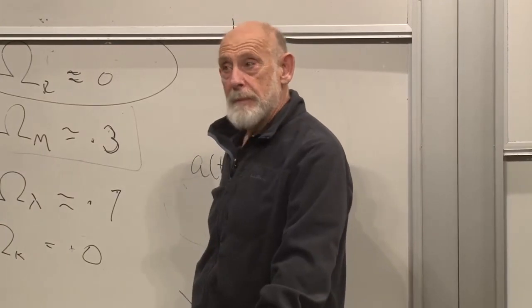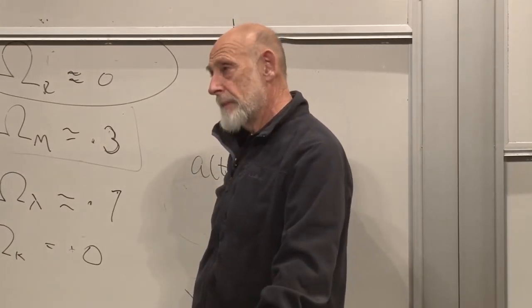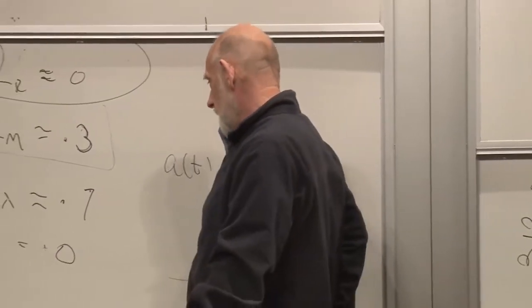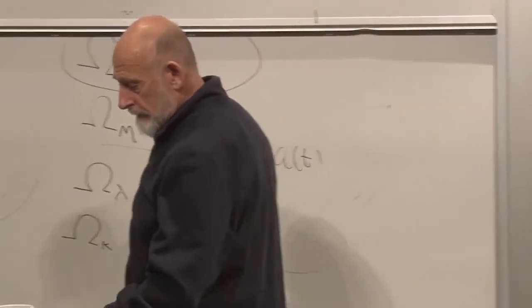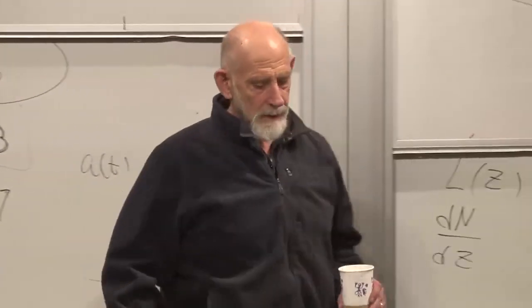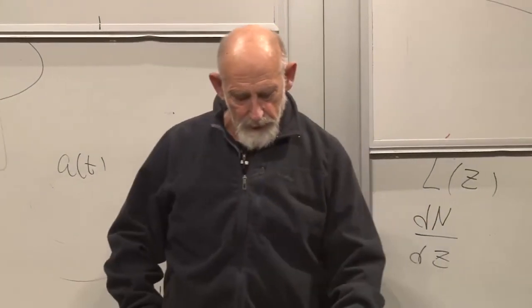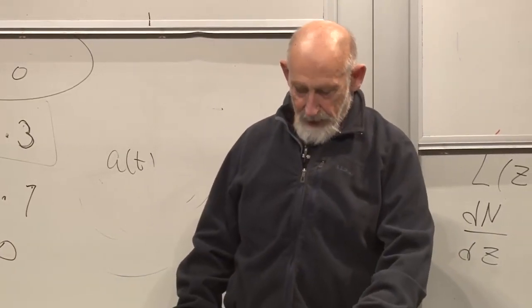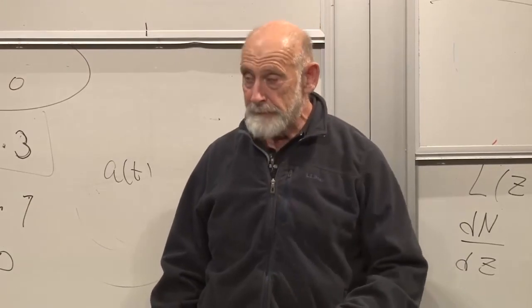Independent of this, have they been trying to do experiments where they determine whether K is positive, negative, or 0 by doing huge triangulations and looking at whether the angles sum to 180? That's correct, and we're going to come to that next week when we study the microwave background.